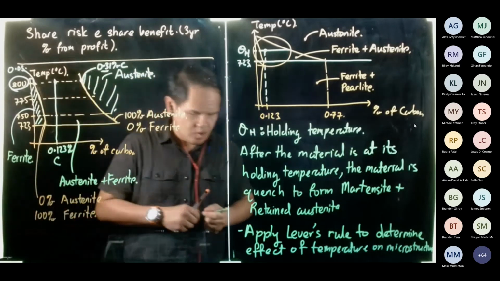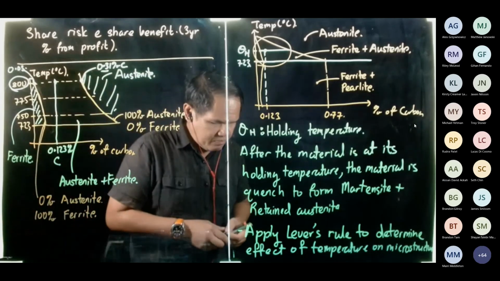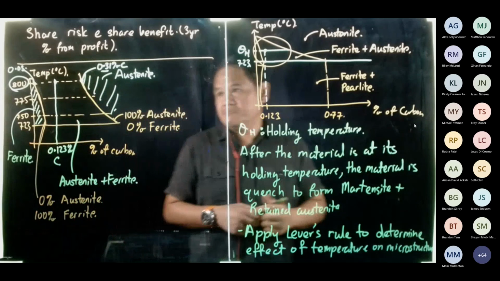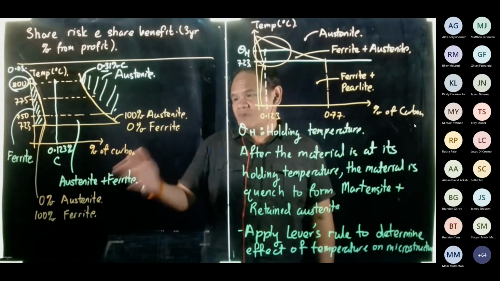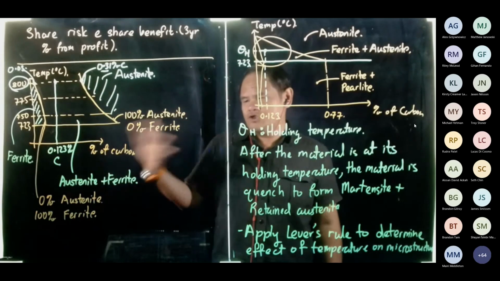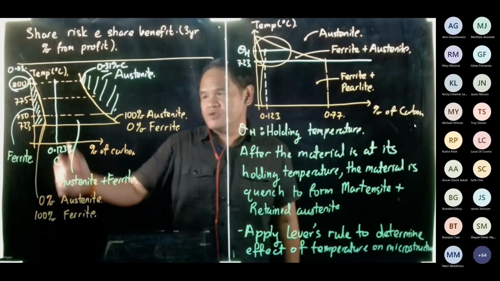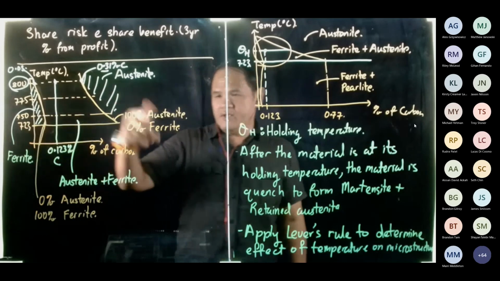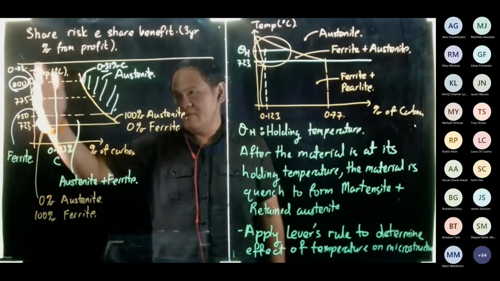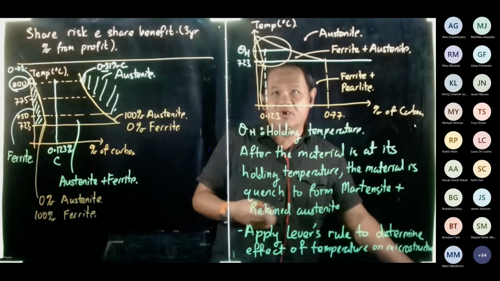Okay. So we are going to apply Lever's rule. My advice is to work on austenite. We are so used to what? The left hand side is 0, right hand side is 100. So let's work with austenite first.